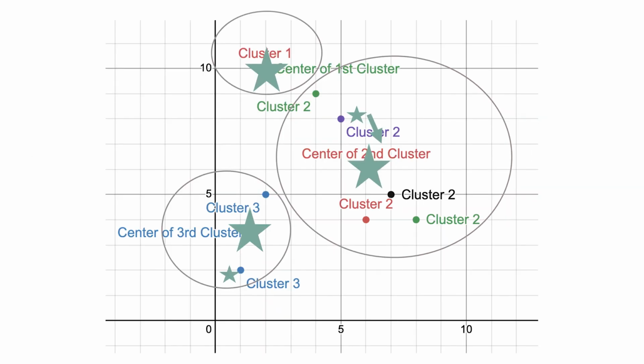But as you will notice, the centers of all the points that we have selected for a cluster do not coincide with the cluster center that we have calculated previously. So what we need to do is to update the centers. So we recalculate the centers. Each center point will be the average of the data points that are associated to that center.